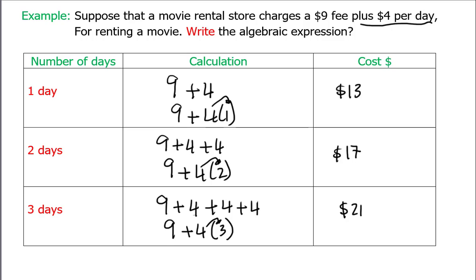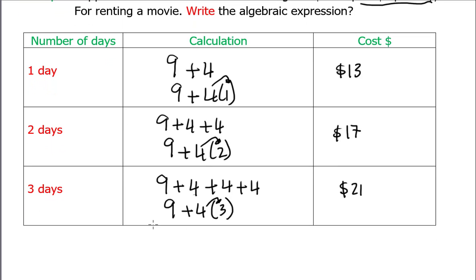So how do we write this as an algebraic expression? The $9 is a fixed number plus $4 per day. Let's say someone rents for 7 days.